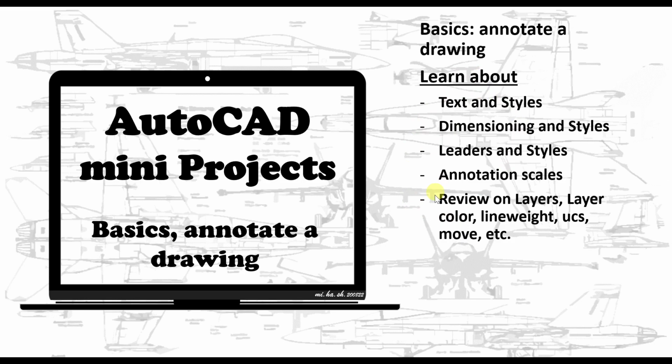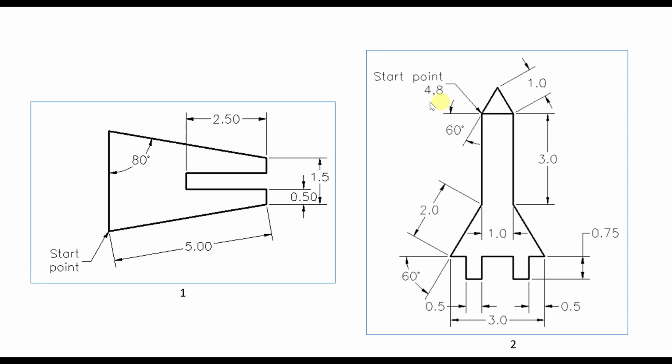Also, in the meantime, we're going to review some of the commands and functionalities that we covered in the previous videos. Okay, so in the very last video, we talked about how to draw these two basic geometries. And in this video, we're going to annotate these two drawings.